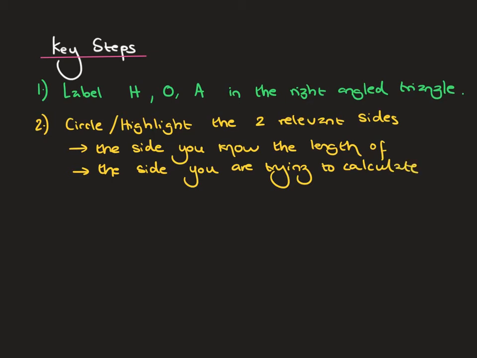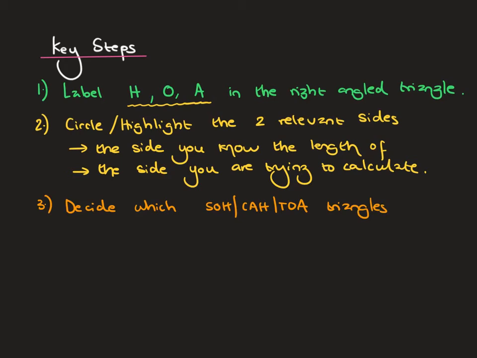So you'll always be working with 2 out of the 3 values here. Once you've done that, you need to decide which of the 3 SOHCAHTOA triangles you need to use. So remember the 3 formulae triangles.